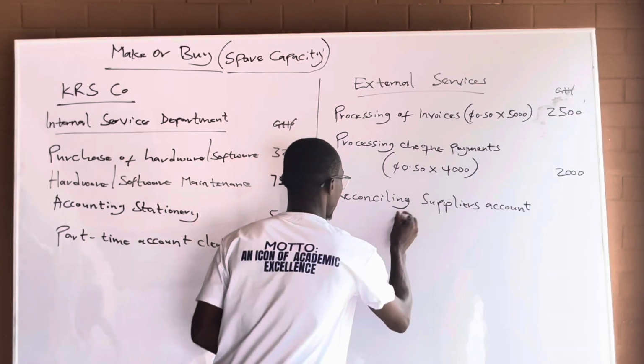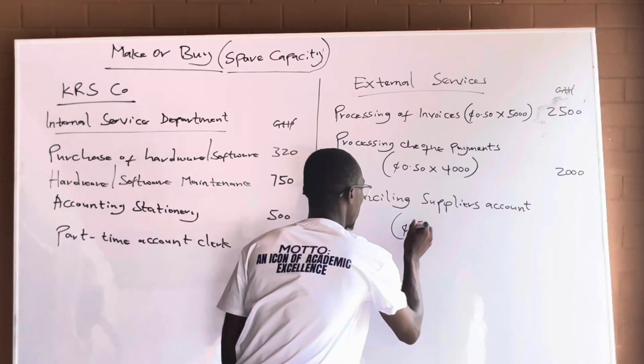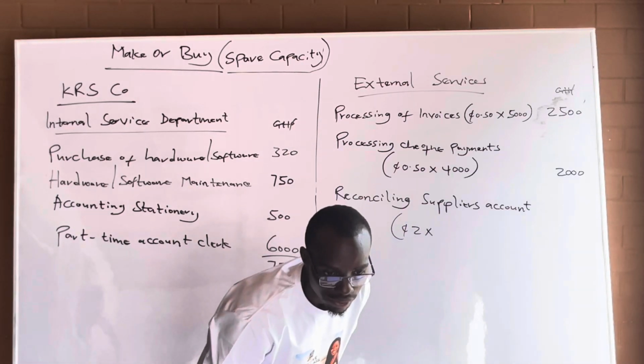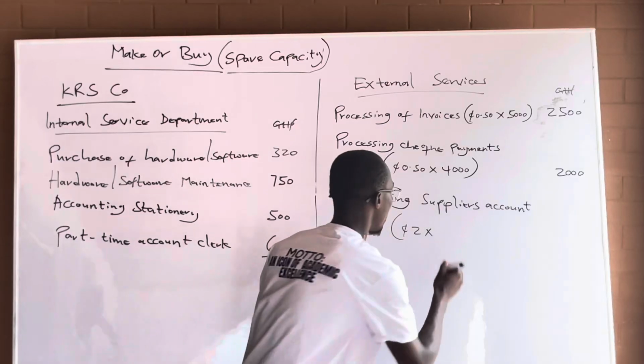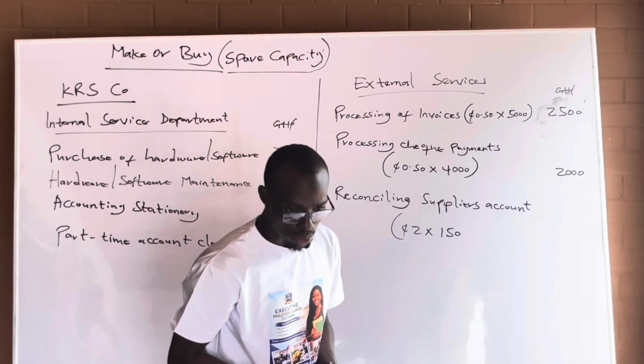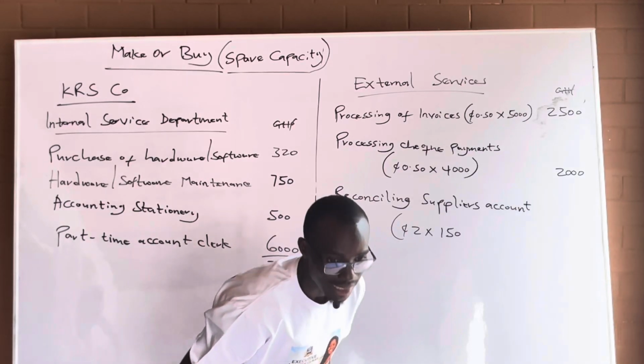So it is 2 Ghana cedis times 150 suppliers. Then we need to multiply it by 12, because they said 2 Ghana cedis per supplier per month.